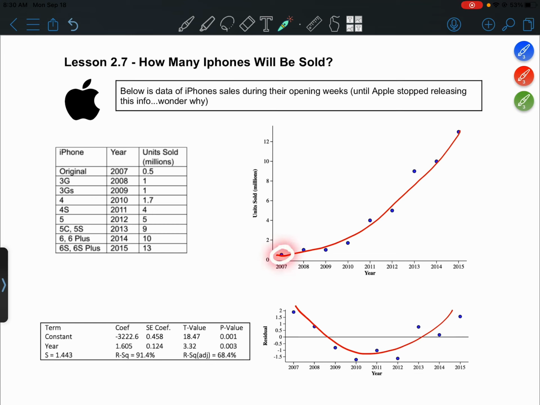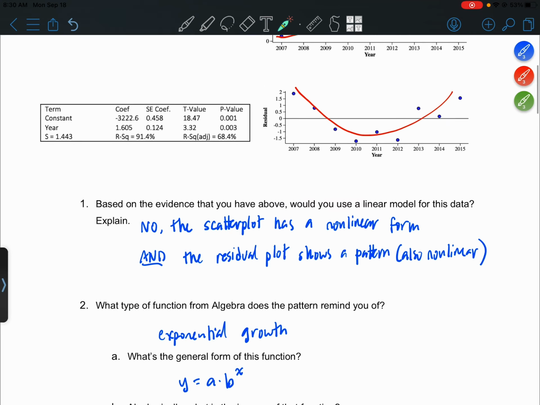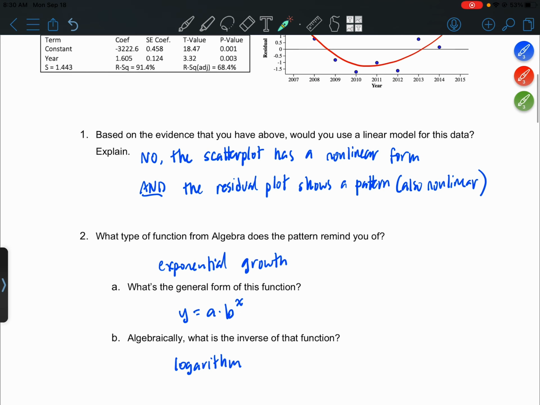In 2007, the iPhone was brand new, and so growth might have been slow at the beginning. Not a whole lot of people were adopting these type of smartphones, but then it became very popular, and then sales just kind of blew up. So this really has all the makings of exponential growth.